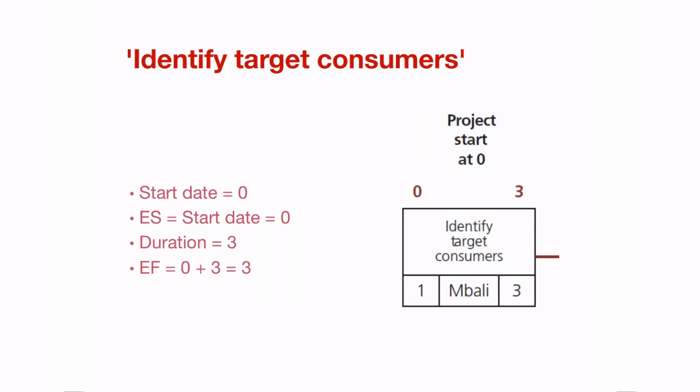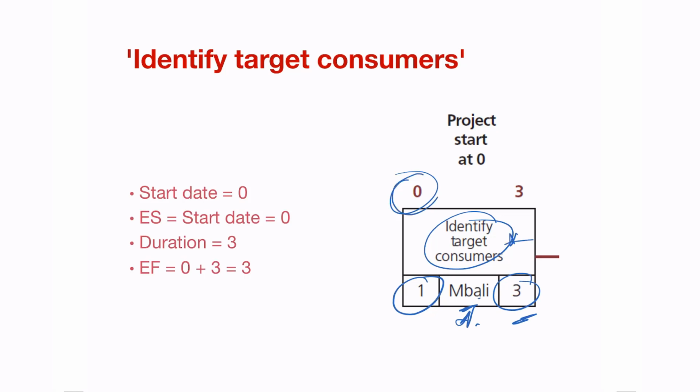Okay, so now let's have a look at our consumer study. We start on day number 0, and I will be going through this quite quickly, and you can pause just to have a look and possibly also make notes and ask your lecturer about it. Again, our notation: this is the description, this is the activity number, and 3 is the number of days that Mbali, who is the person responsible, is going to take to identify the target consumer.